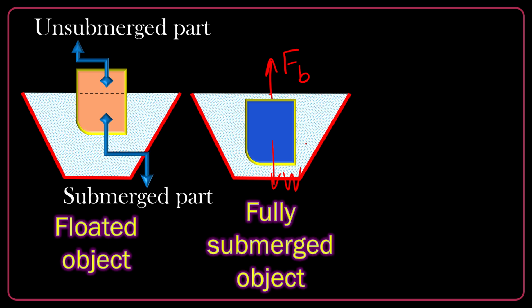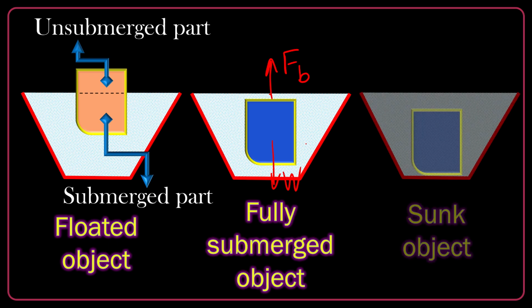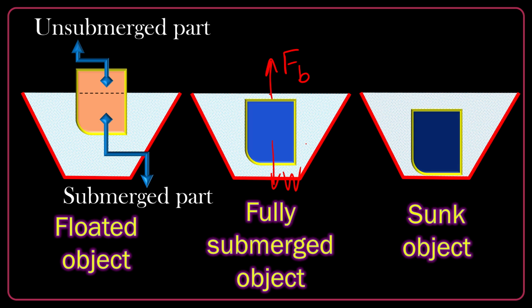But if the object is much, much heavier than that, I will tell you what I mean by heavy. It's about the density. It will sink like a piece of metal or a stone. And the sunk object is also acted on by a buoyancy force, but it's not enough to hold the object. So it needs help.